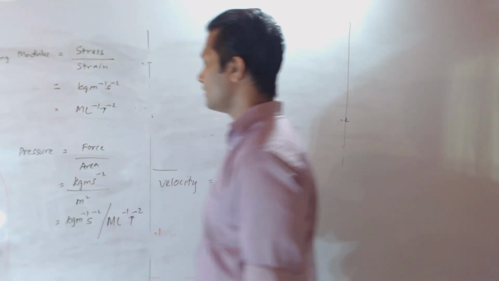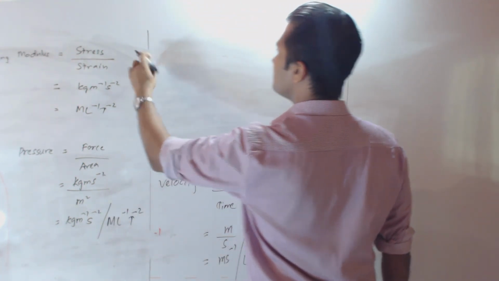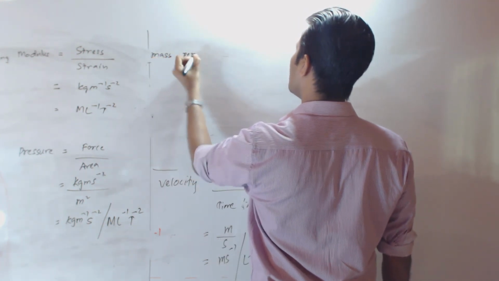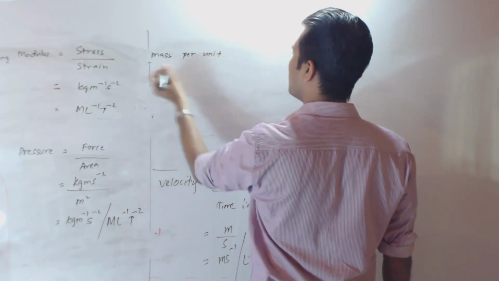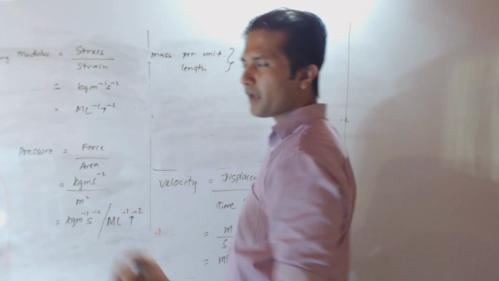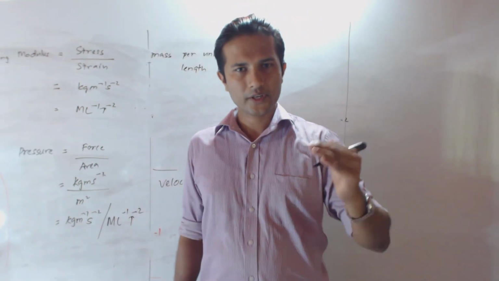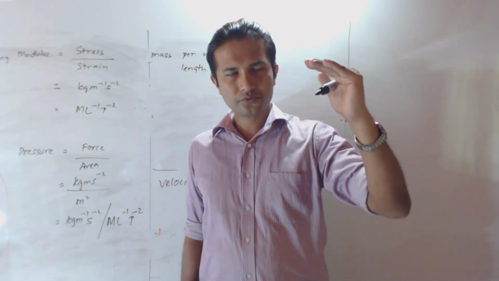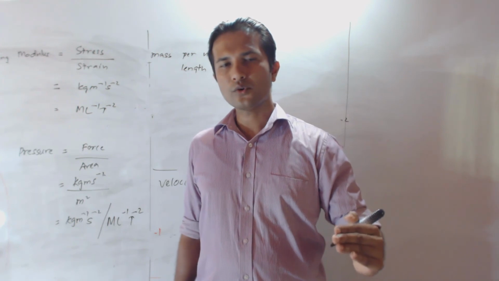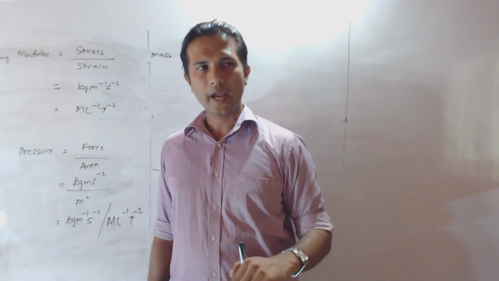Then what would be the next physical quantity? We can consider mass per unit length. What is mass per unit length? When defining pressure, pressure is force per unit area. Therefore, we have to take the ratio between force and area.